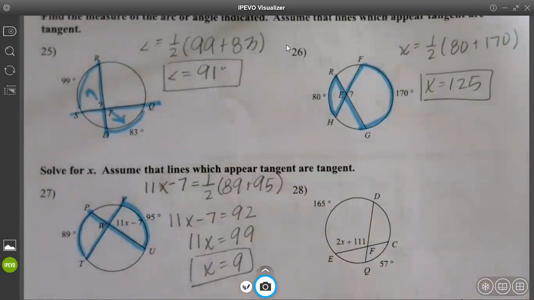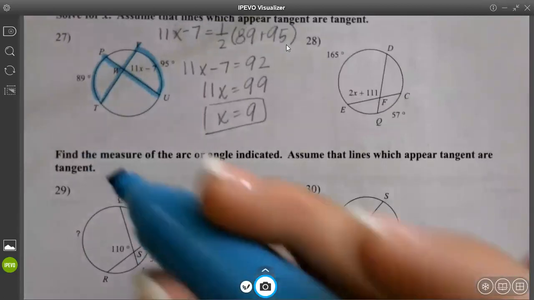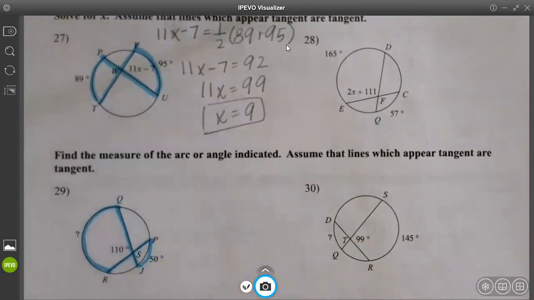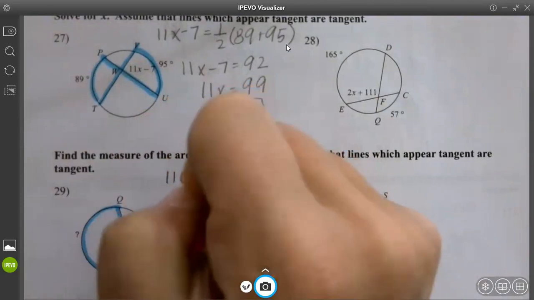28 is the exact same way. Same formula. The only way the next one is different is because you're finding the arc instead of the angle. So there's your two arcs. Your angle is 110 equals half.